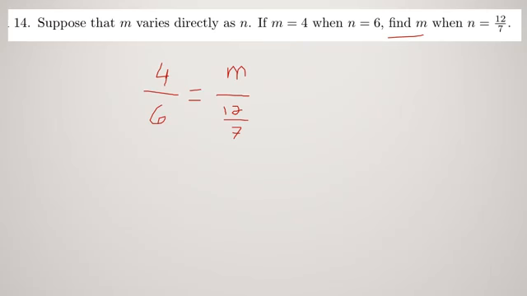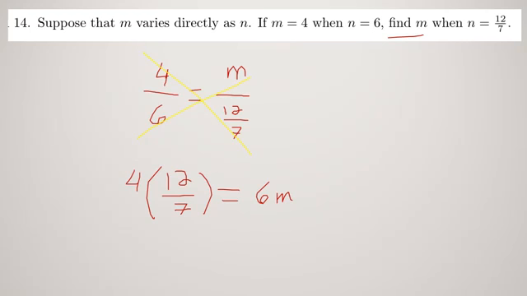Next, we cross multiply. So, 4 times 12 over 7 equals 6m. 6 times m, 6m.